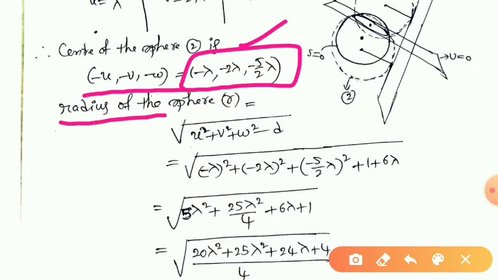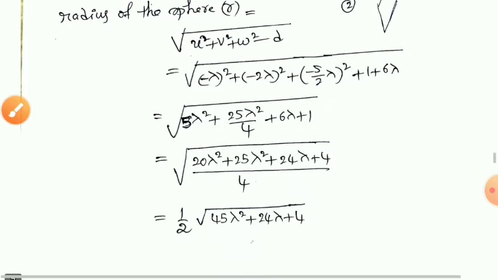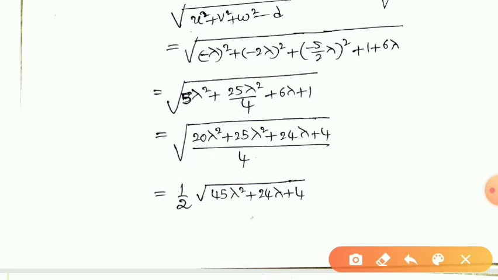The radius of the sphere can be obtained by using this principle, root u square plus v square plus w square minus d. By substituting the values of u, v, w and d in this, you will get lambda square plus 4 lambda square, this is nothing but 5 lambda square, plus 5 by 2 whole square lambda square, which is equal to 25 by 4 lambda square plus 6 lambda plus 1.